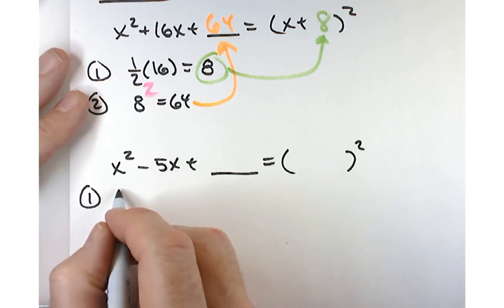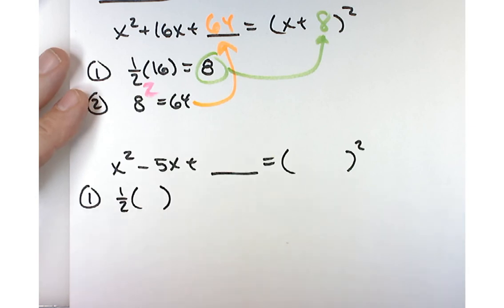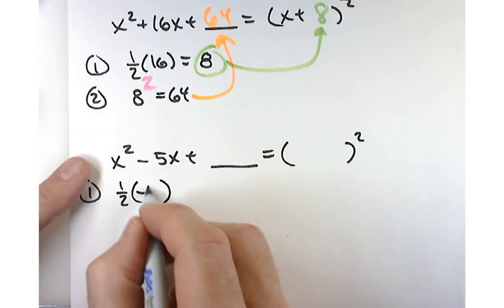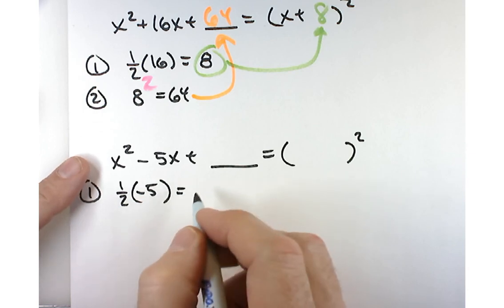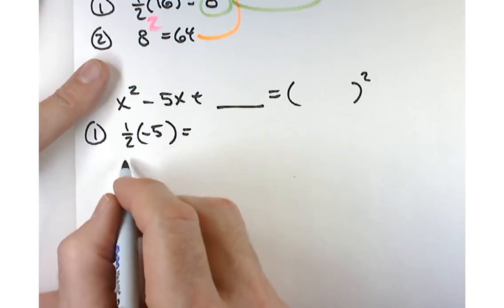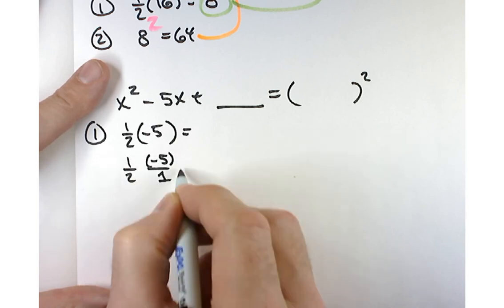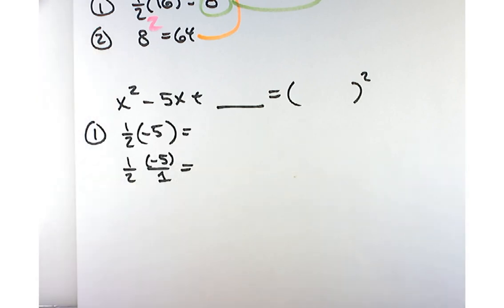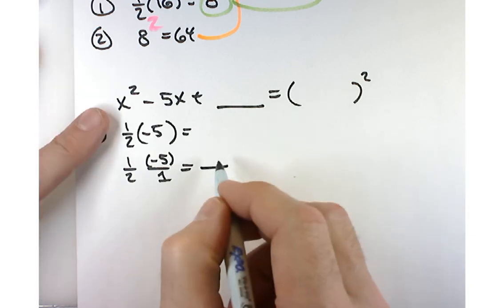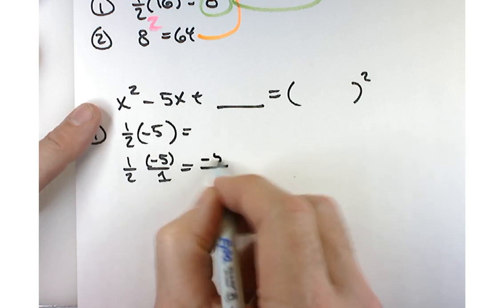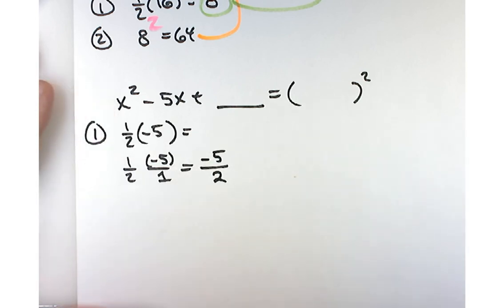And that is, I'm going to multiply the middle number by 1/2. Now maybe it'll be a little bit easier for you if you write that as negative 5 over 1. So what would I get? 2.5. Let's leave it as a fraction though. All right, negative 5/2, thank you.